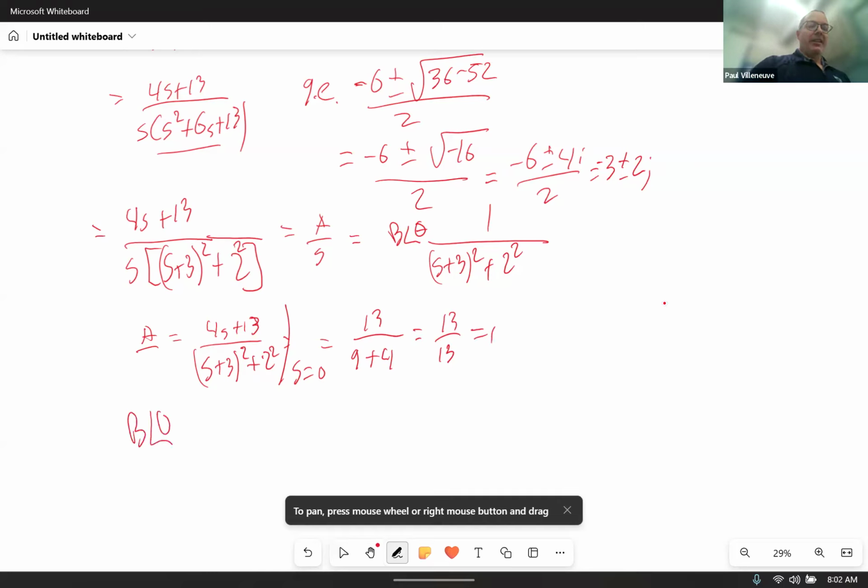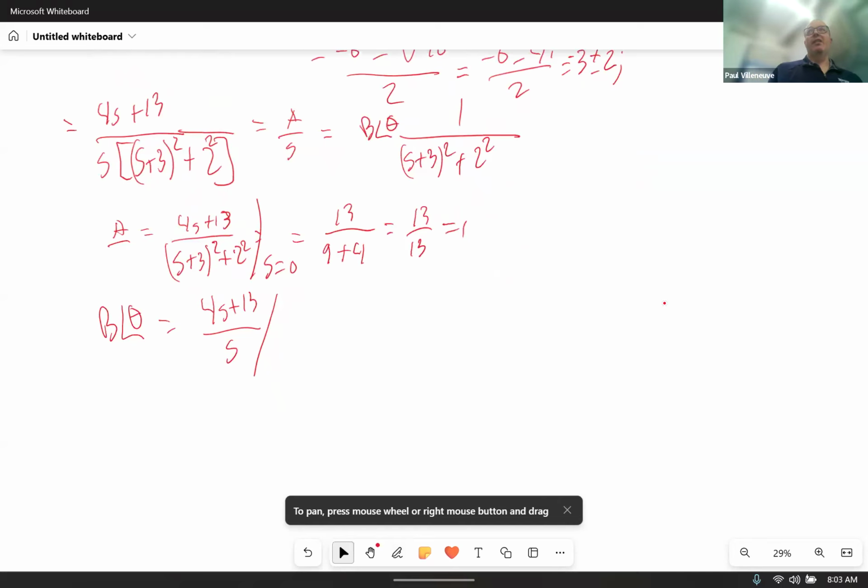B at an angle of theta is going to be equal to 4s plus 13 all over s, evaluated at the positive complex root, s equals minus 3 plus 2j.